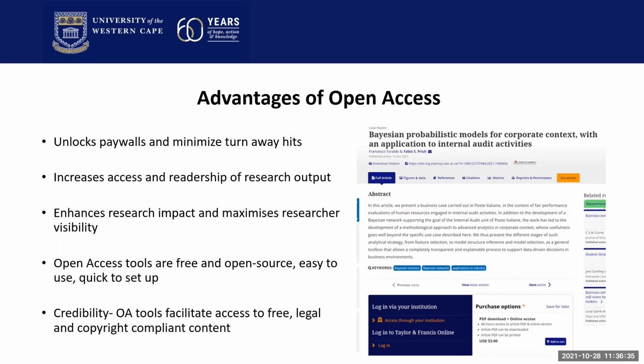However, open access tools sometimes receive reluctance from users, because the minute something is free, there is that perception that it's of very low quality. So you'll get users who do not take up open access tools easily because of this reluctance.